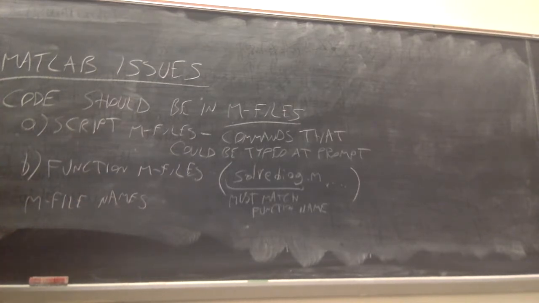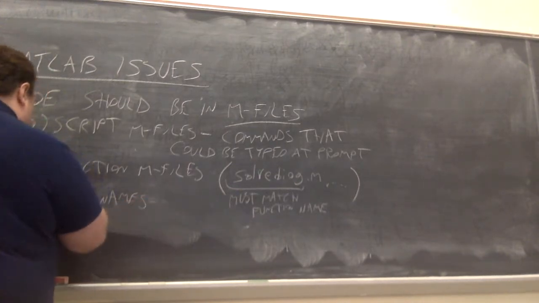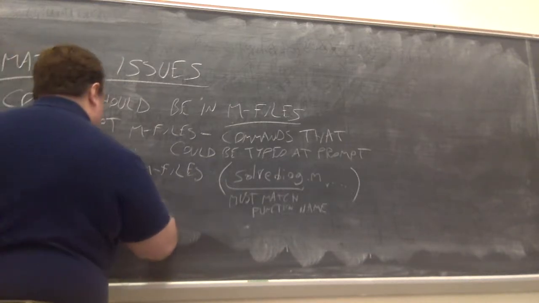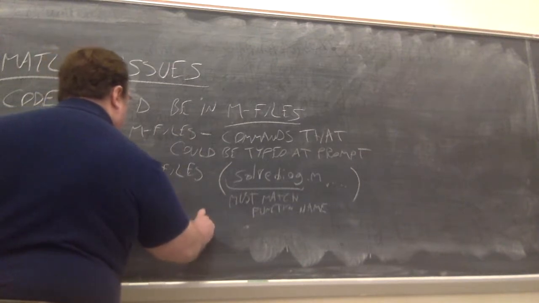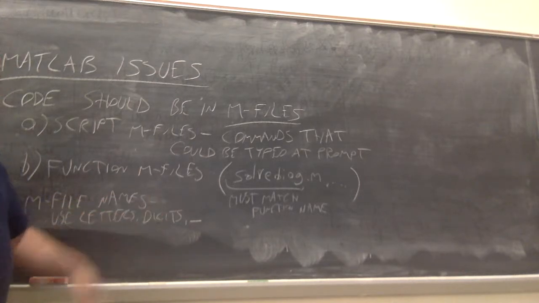But for M file names, you should limit names to letters, digits. I think an underscore is also allowed. It's like variable names in other programming languages, like C++. They call it an identifier, and also it cannot begin with a digit.